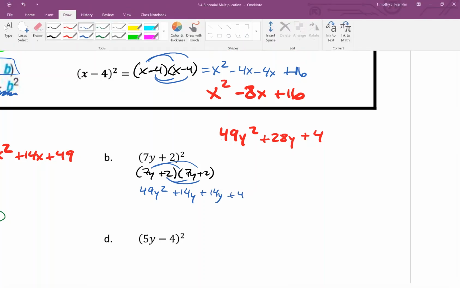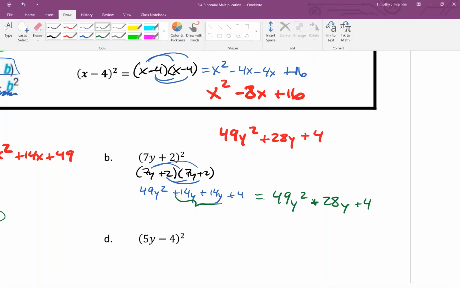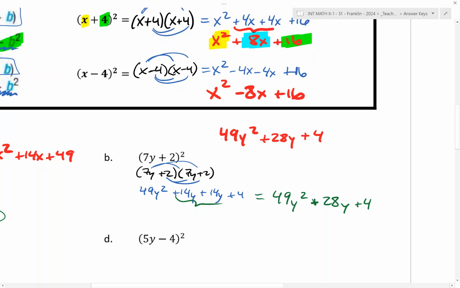And you can see if we combine like terms here, we do get that same trinomial, 49y squared plus 28y plus 4. So we do end up with the same trinomial. So it can make things faster if you remember the pattern and how it works, but again, it's not necessary.